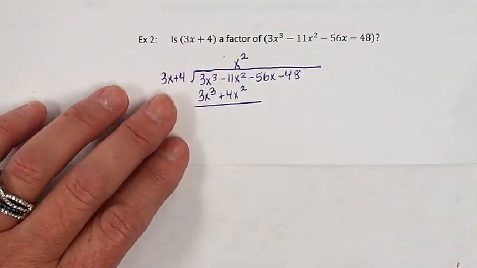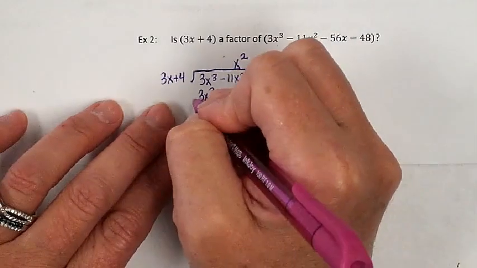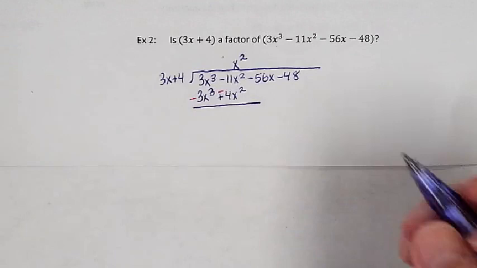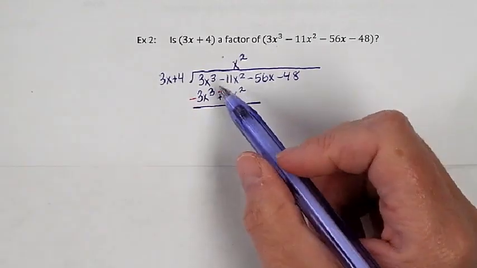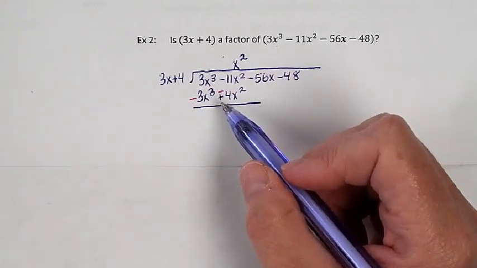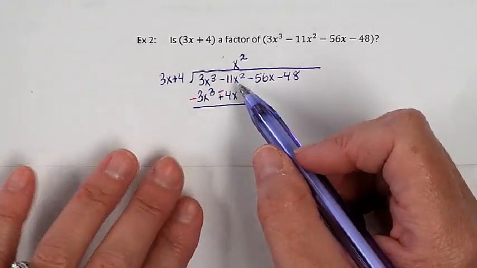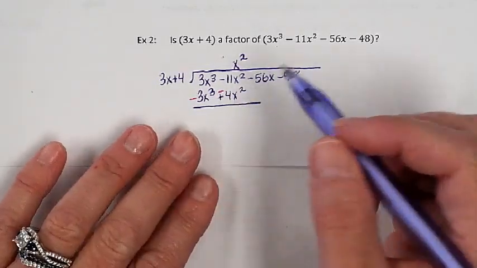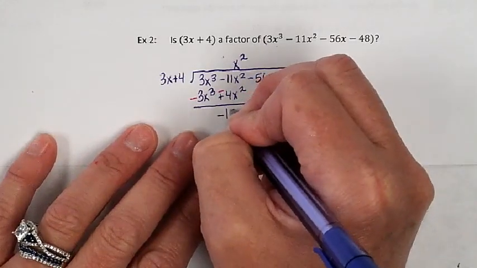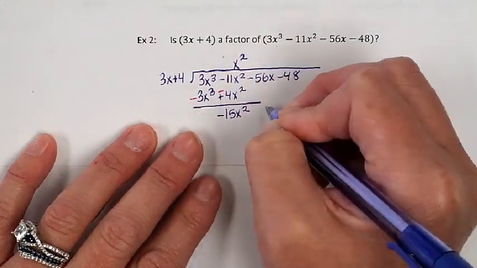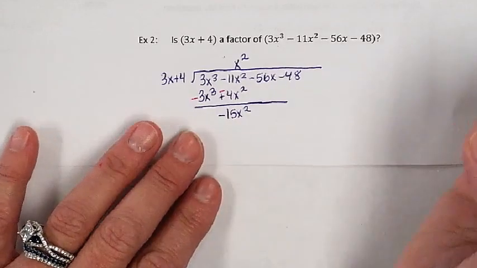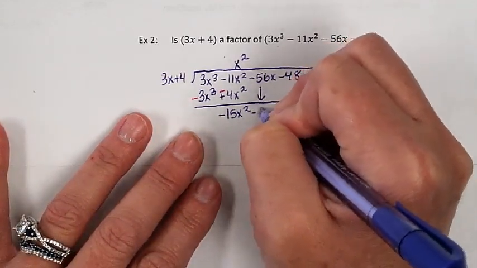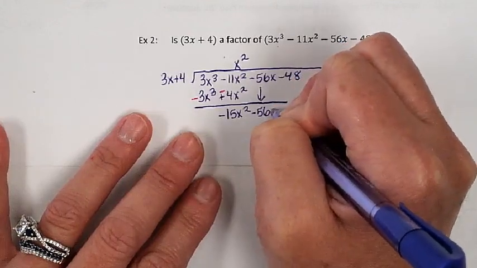Now we have to subtract, so I have to change the signs, so minus and a minus. So 3x cubed minus 3x cubed cancels out. Negative 11x squared minus 4x squared is a negative 15x squared. And now we have to bring down the minus 56x.